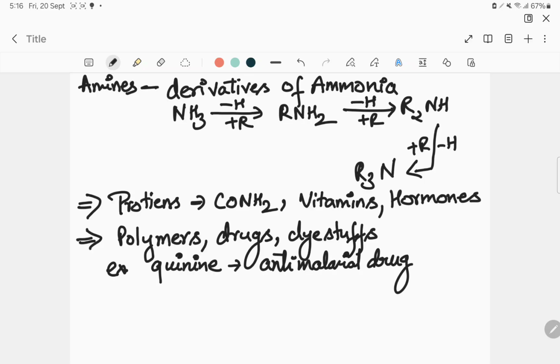There are two hormones that are present in the body, and ephedrine.